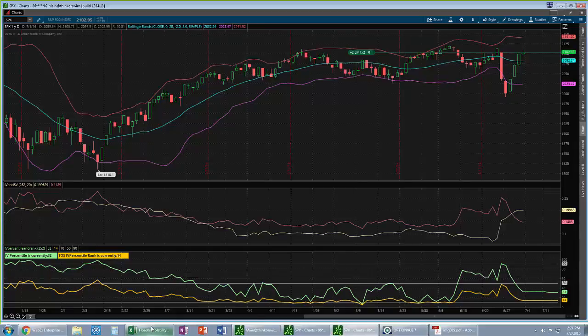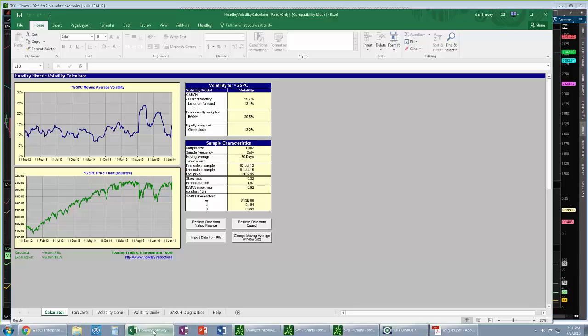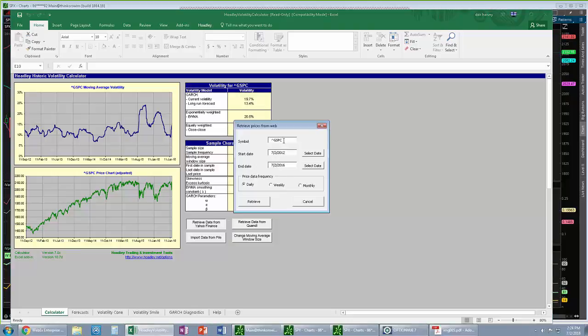And one of the things that I like to use is the GARCH for the projection of the future volatility. So I'm using Peter Hoadley's thing, and you get the data here from Yahoo, and it's based on 4 years.